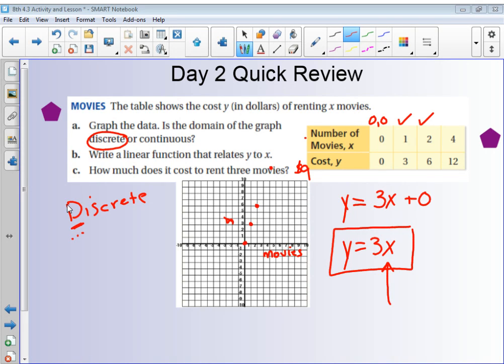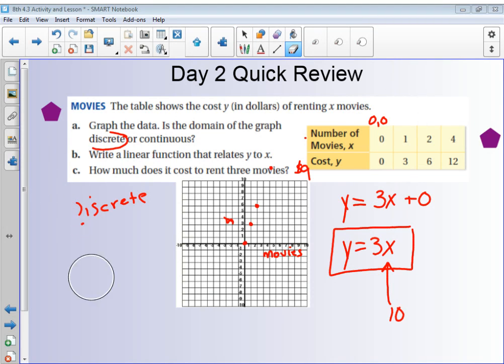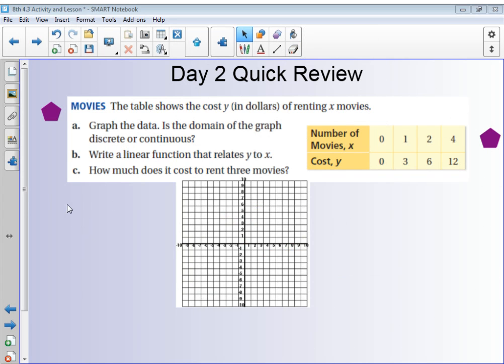Okay, if I asked how much it would cost you to rent 10 movies, you wouldn't have to graph all that out. You could substitute in a 10 for X, and 3 times 10 would give you $30. Okay, so once again, we're not going to connect our dots. We're just going to leave it as dots because it's discrete. We cannot buy or rent a partial movie.